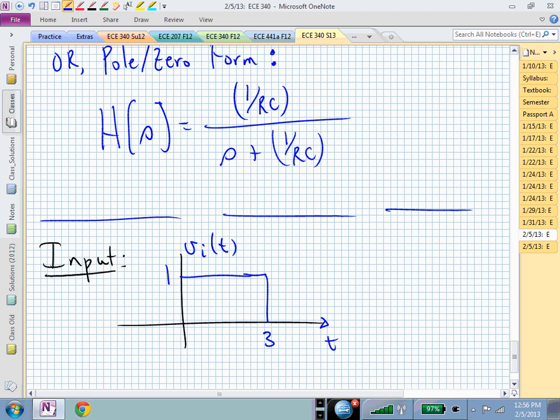And now we would like to have an intuitive feel, or a qualitative feel, as to what's going to happen when I push this pulse through a low-pass filter. That's what you need to start developing.